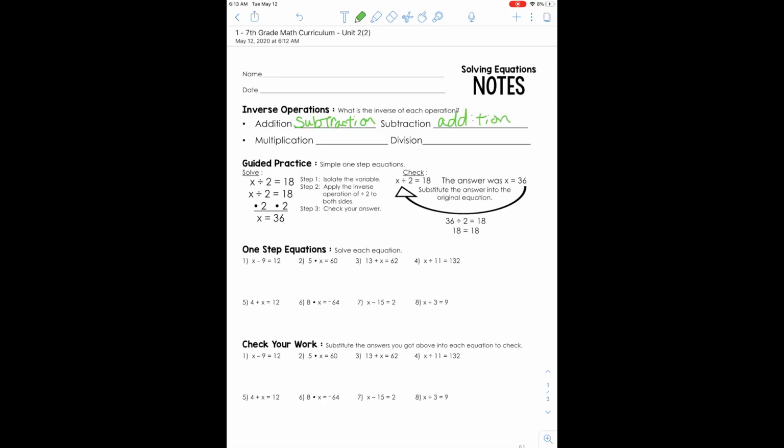The opposite of multiplication is division. And the opposite of division is multiplication.